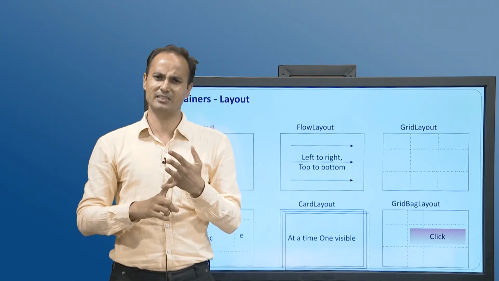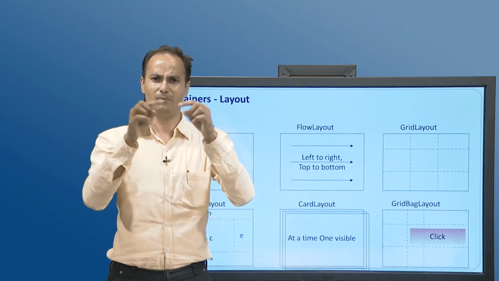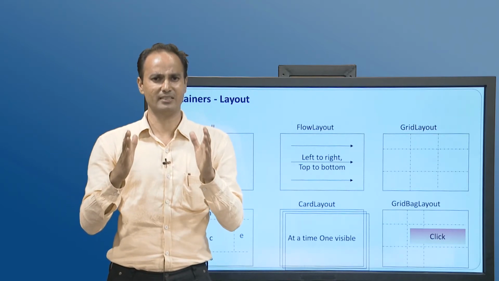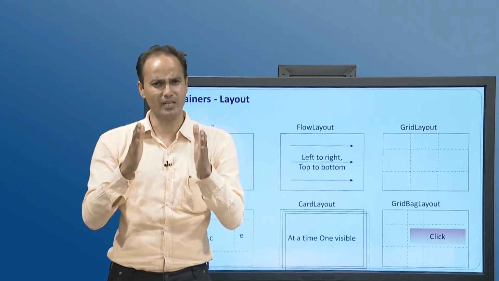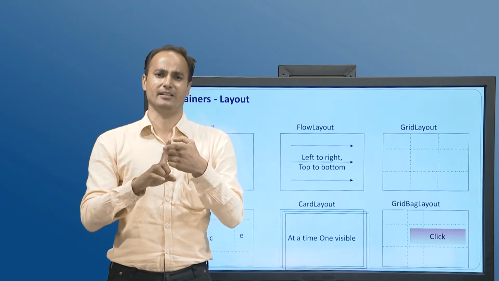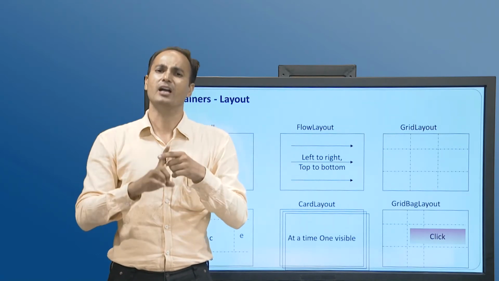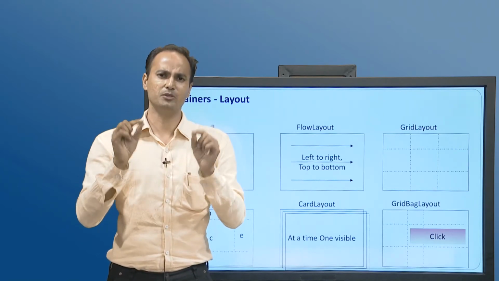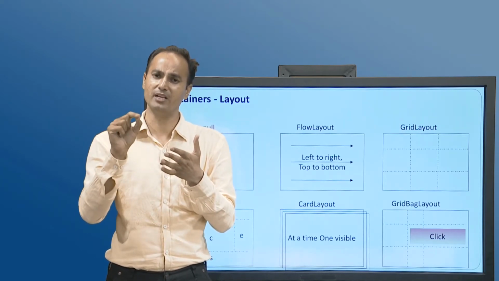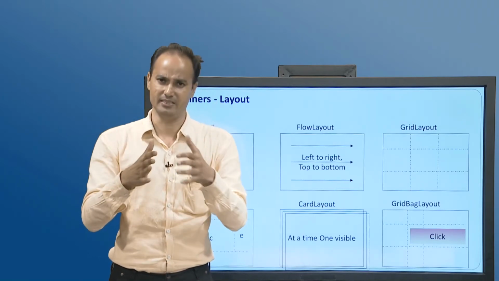Apart from that, there is a grid bag layout, which allows us to arrange the components in a particular manner. Ultimately, whether it is grid layout, border layout or flow layout, the layout manager is responsible for arranging the components on a container. We have to use the setLayout method of a container to arrange the components on it.